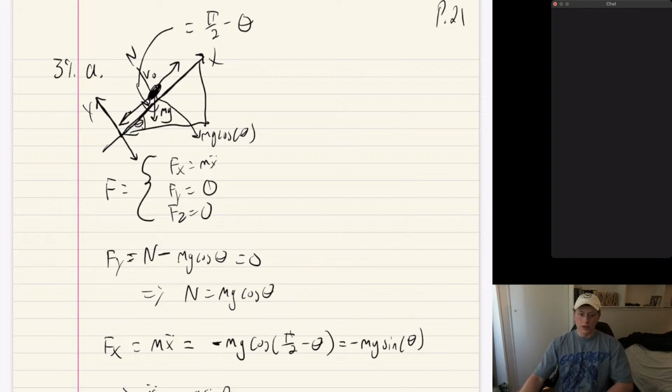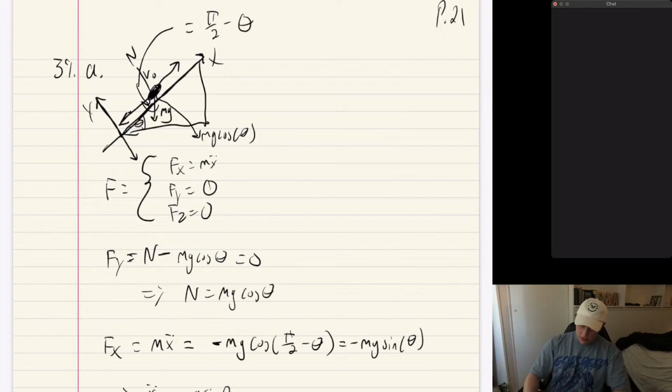And we know, hold on, let me go back to the problem. So we have x of t is equal to, okay, well, hold on.